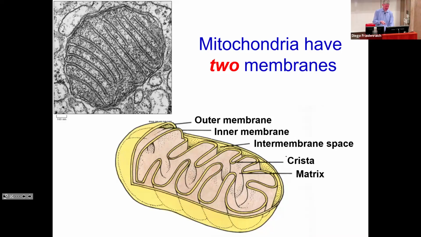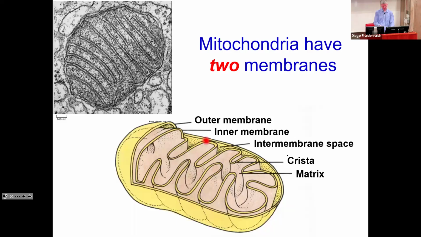There is an outer membrane and an inner membrane, with an intermembrane space in between. The inner membrane has this wrinkled structure, whereas the outer membrane is more or less smooth.